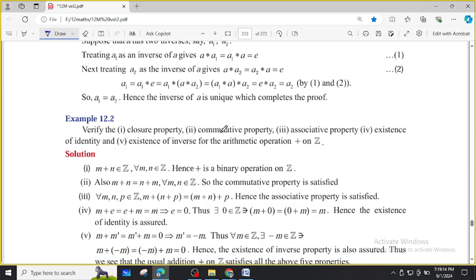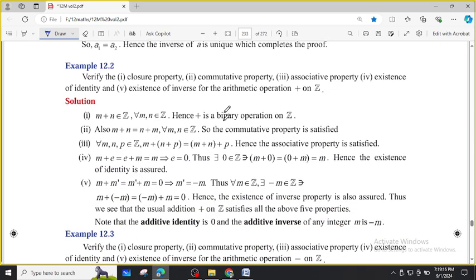Now take example 2. Now closure property. Verify the closure property, commutative property, associative property, identity, and inverse on integer addition. If you take two integer numbers and add, it becomes an integer, so closure property is true. Commutative: m plus n equal to n plus m, so commutative property is satisfied.